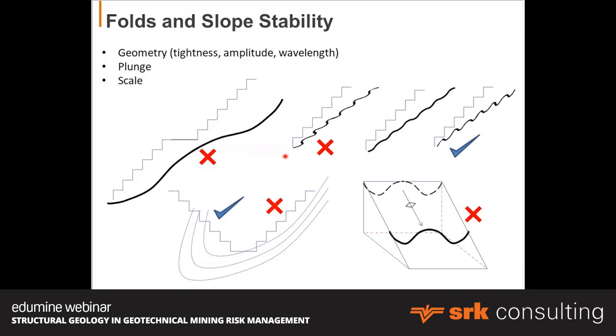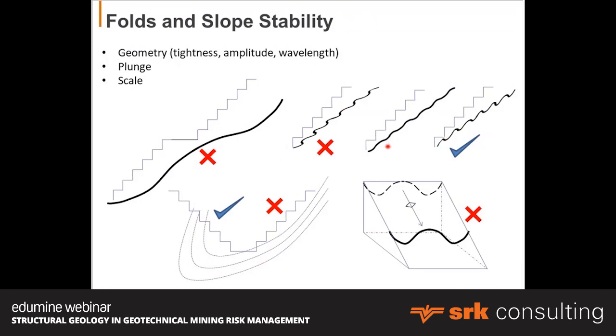Low wavelength, high amplitude structures could help create roughness, but depending on the orientation, in this case it probably would not help stabilize the slope. In this case it might in fact create the right conditions to prevent slip on this bedding surface, for example.